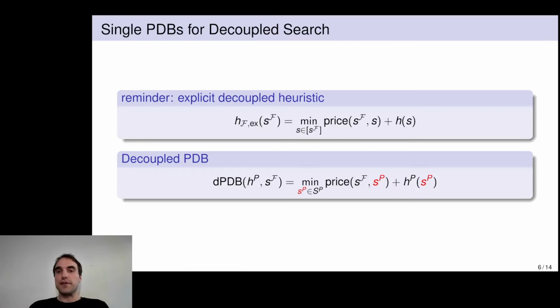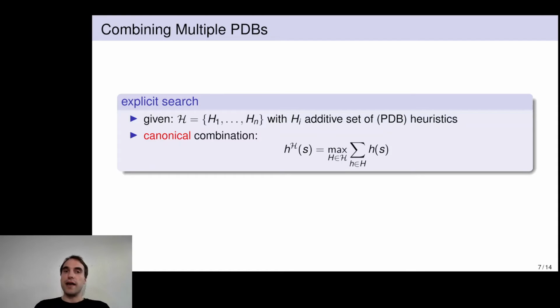However, it is only a single PDB, and as you probably know, single PDBs don't scale very well. What people instead normally do is they combine multiple PDB heuristics, and here we assume that we consider the canonical combination. That is, we are given a set of additive sets of PDB heuristics, and we maximize over these sets, and within each set, since we know that the heuristics within the set are additive, we take their sum, and this is an admissible combination of heuristics.